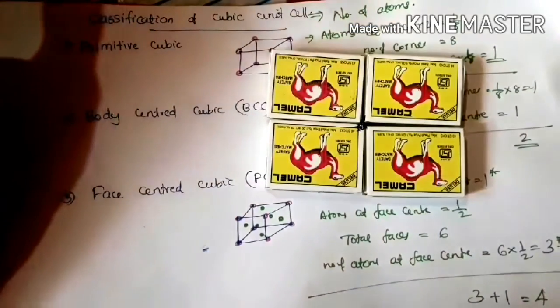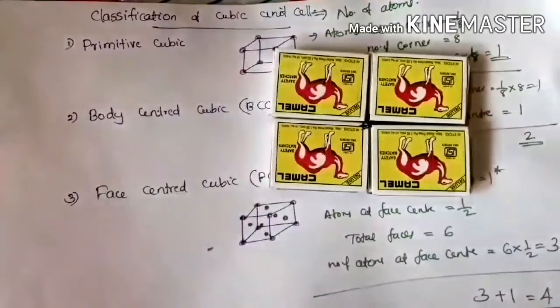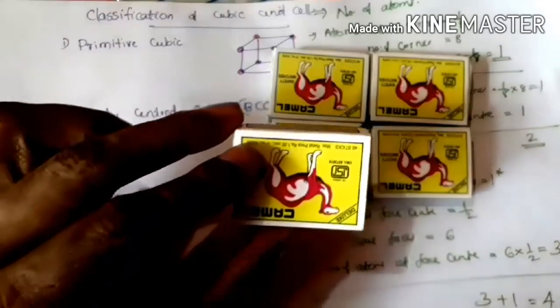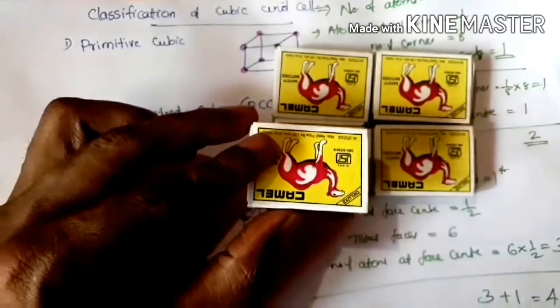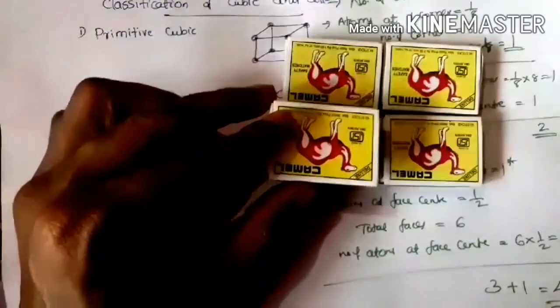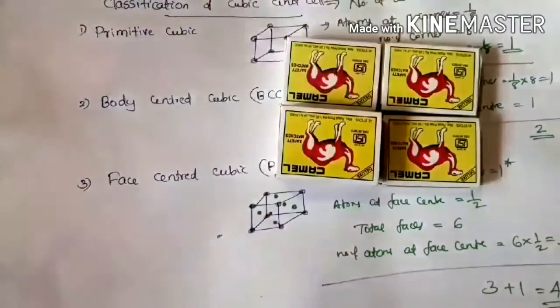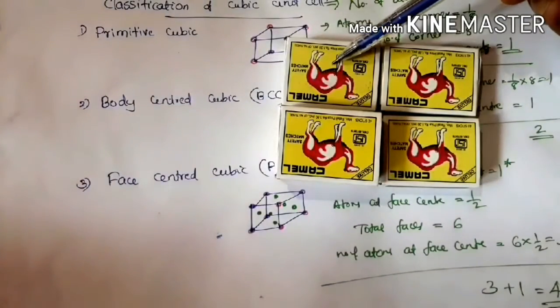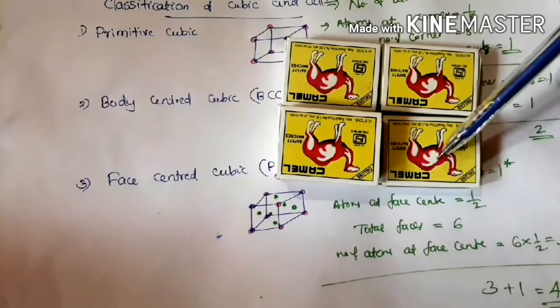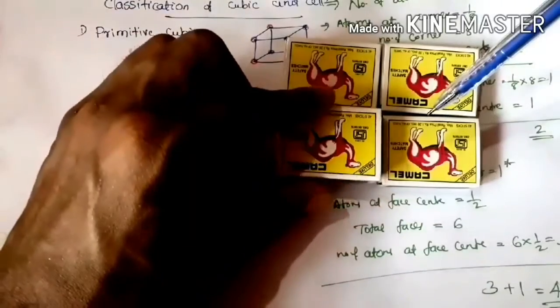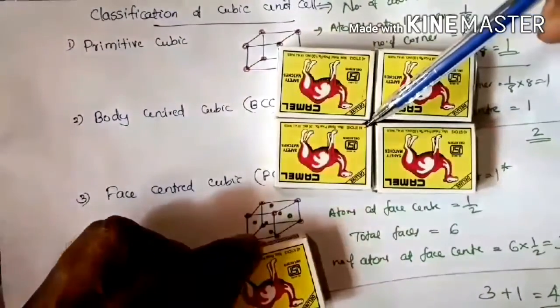Similarly, this is only the half portion of an atom, or the half portion of a sphere. The other half portion of that atom is shared by similar 4 cubes. You understand? Therefore, one atom present at the corner is totally shared by 8 cubes.